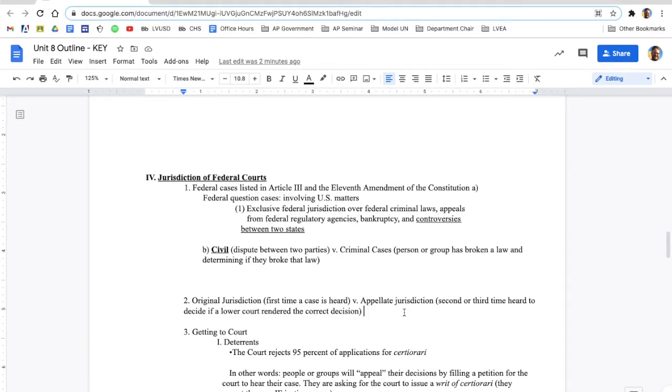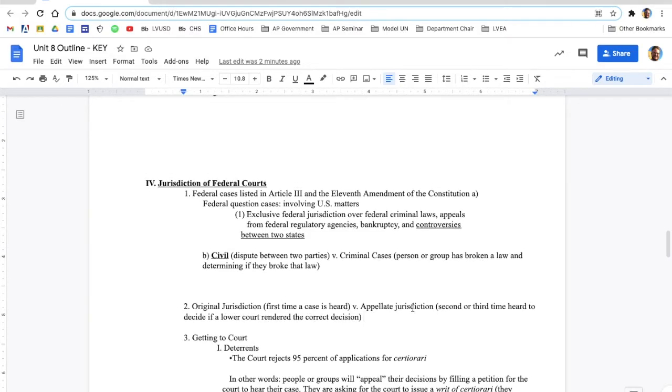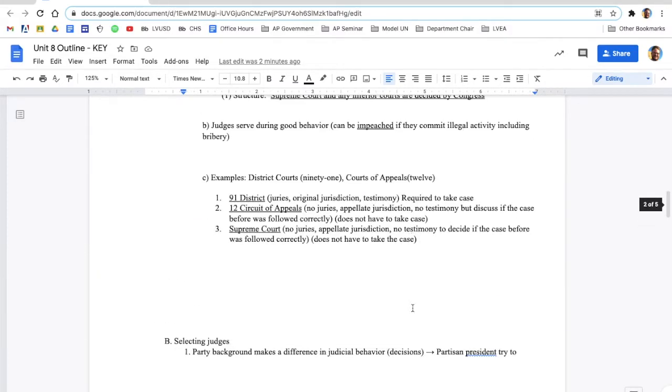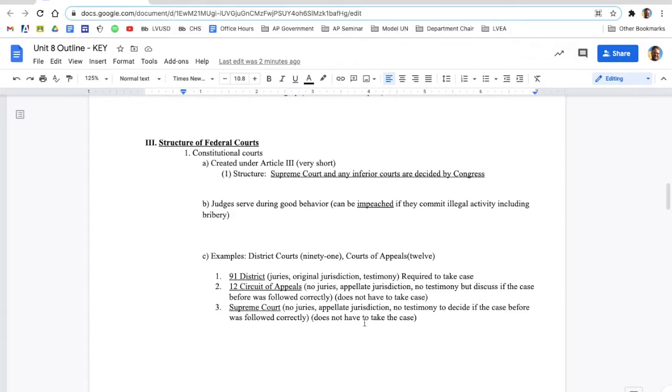Nixon, we're not going to wait for it to go through the lower courts. The U.S. needs to sue Nixon to make sure that he follows the congressional subpoena. We're not going to wait. Bush v. Gore, we don't have enough time. We need to go straight to the Supreme Court. That's fine. But most of the time the Supreme Court will do appellate jurisdiction. And I know that's a lot going on, but it is up here as well.